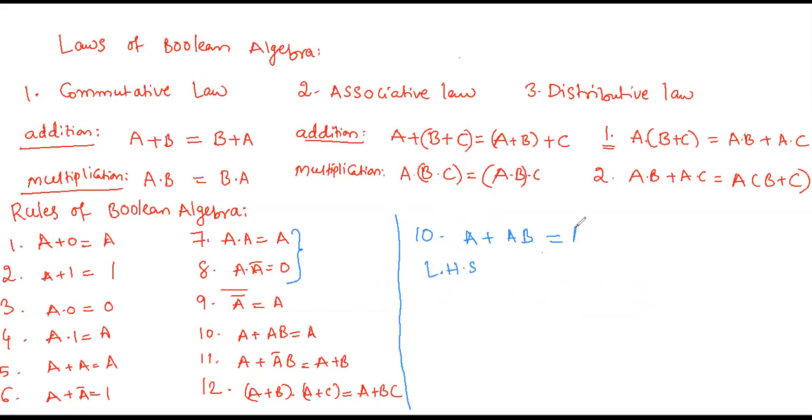We need to prove it as A. A plus AB. From rule number 4, you can write A as A into 1.